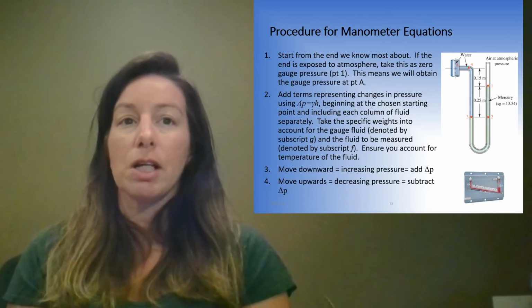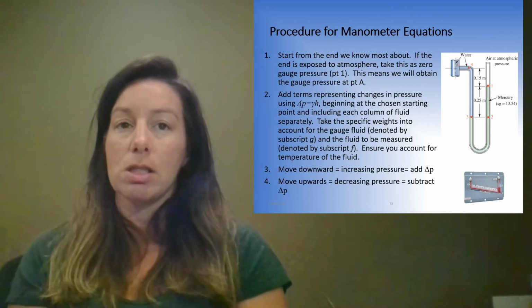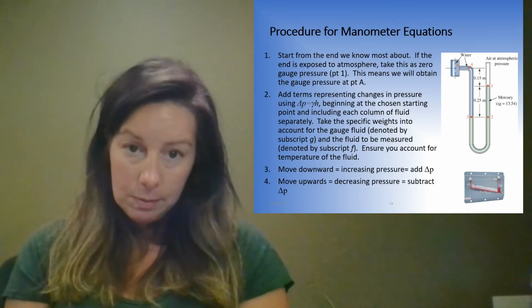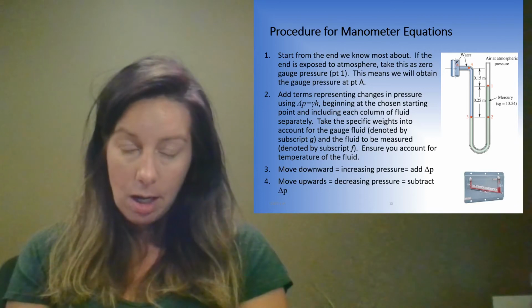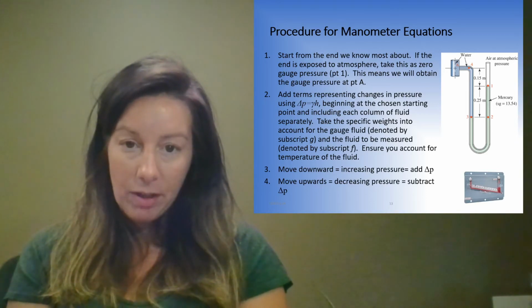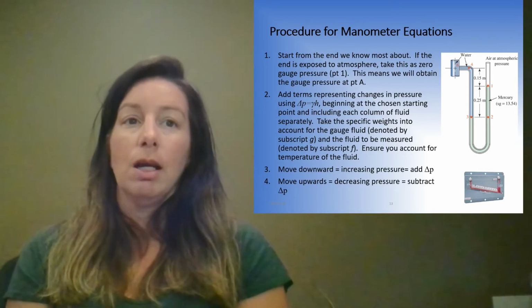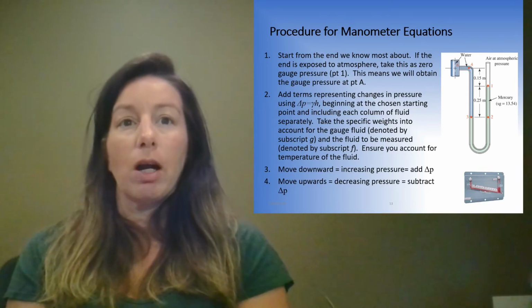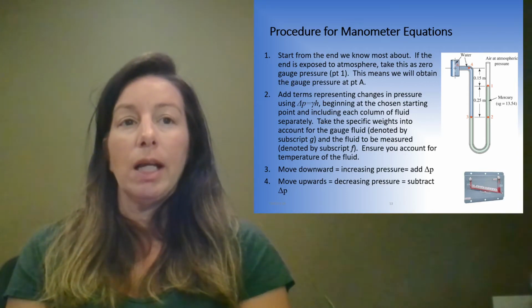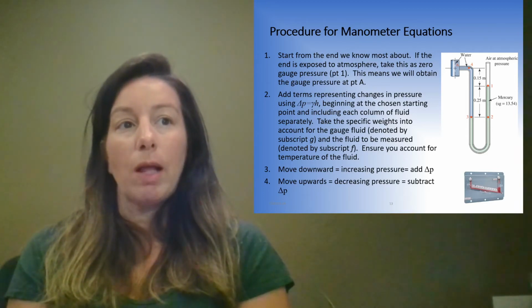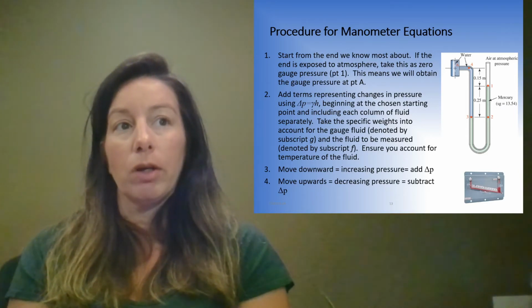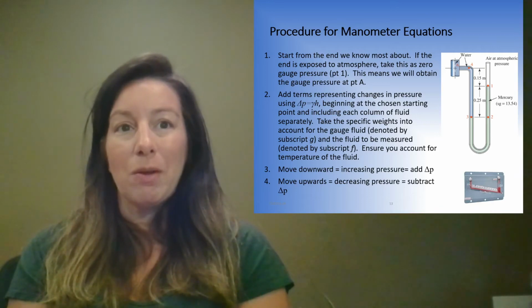And you add the terms representing changes in pressure. So that change in pressure equals change in specific weight times the height. Anytime any one of those things changes, begin at the chosen start point, so in our case it would be 1, and include each column of fluid separately. So that's the column of fluid in the mercury and the column of fluid in the water.